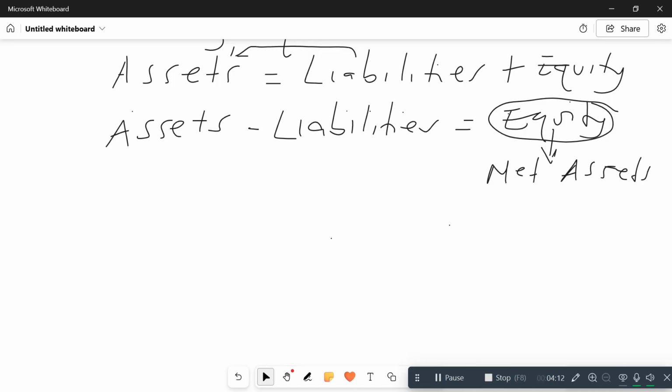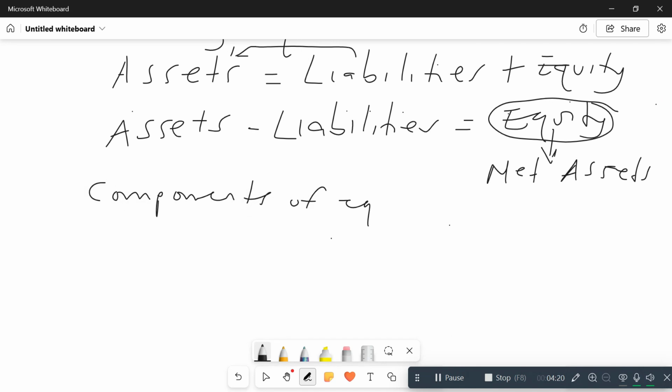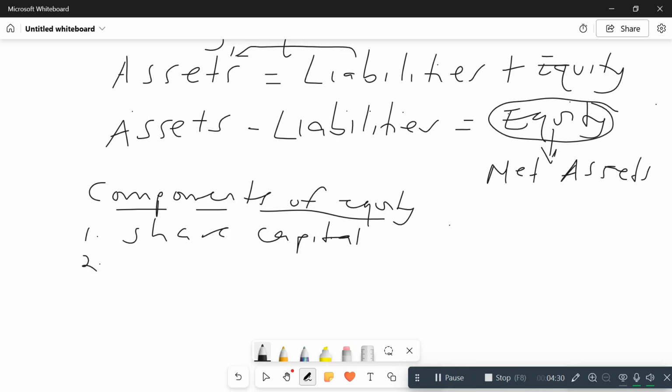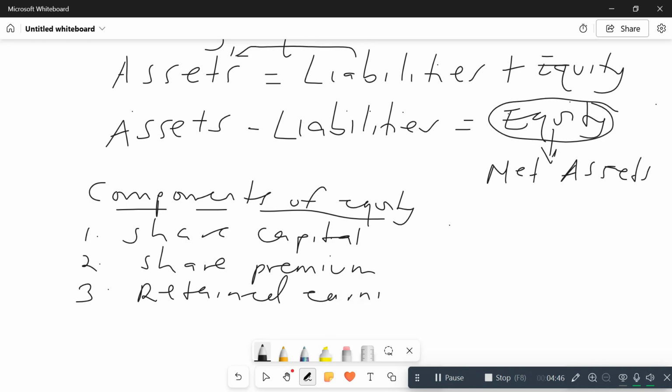Component of equity here, you should think about things like share capital, share premium, maybe retained earnings, etc. Any other component of equity.